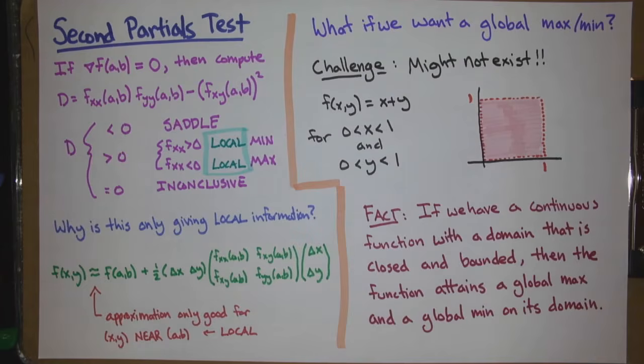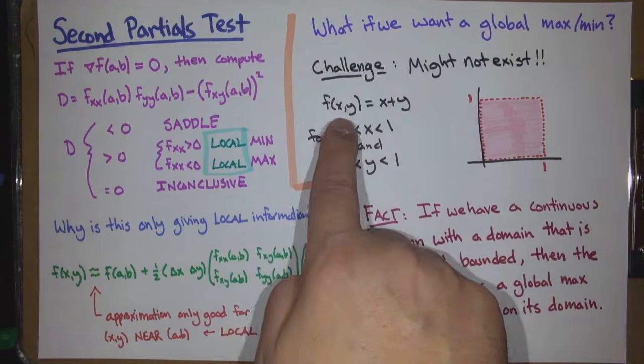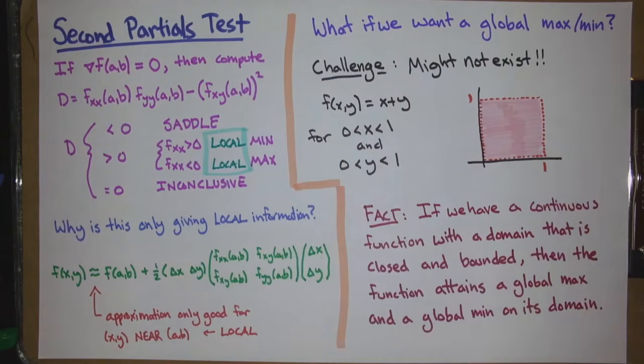So, all right, that's fine. So what if we do want to find the global max or global min? Well, there's a big challenge. It might not exist. And you don't have to come up with very exotic functions. Here's a very simple function. f of x, y is x plus y.